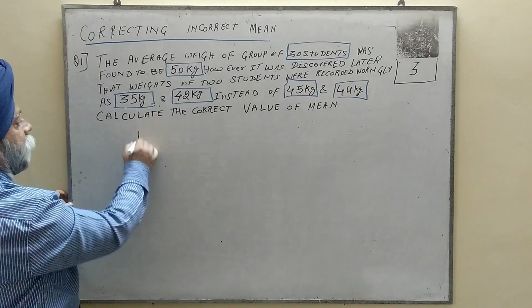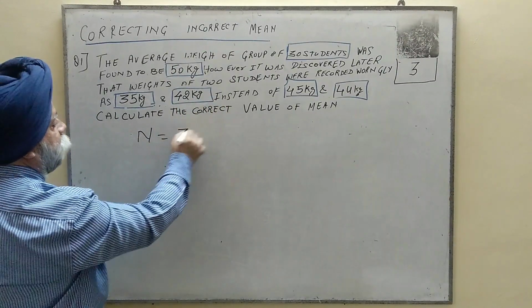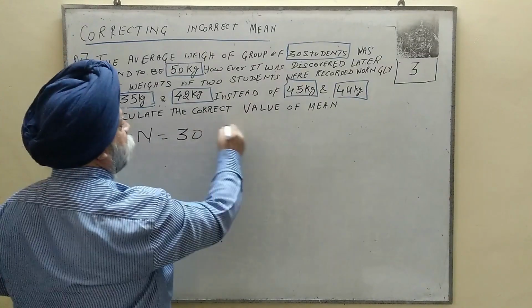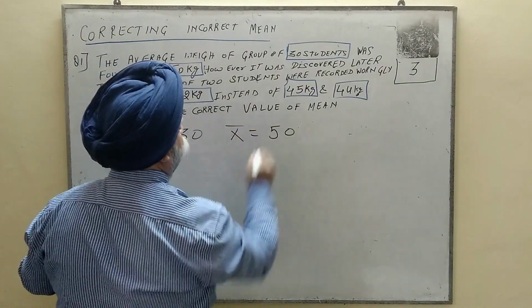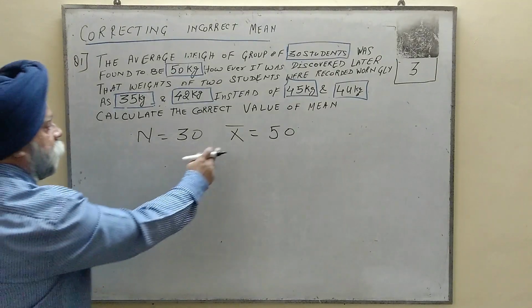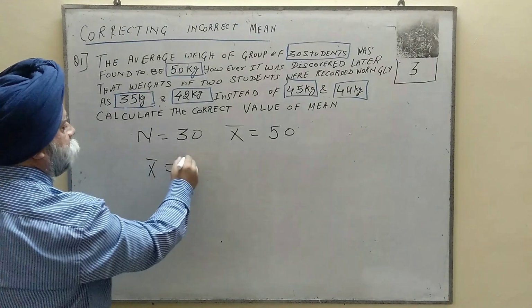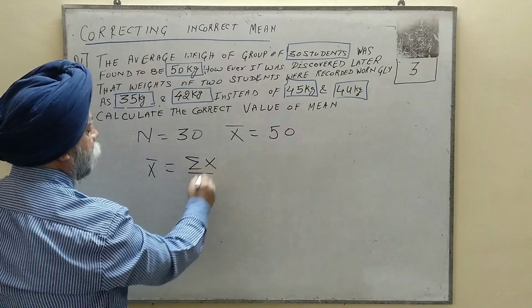Let us go. N equal to 30 is given to us. The value of x bar initially given to us is 50. Now, the formula of x bar is sigma x over n.